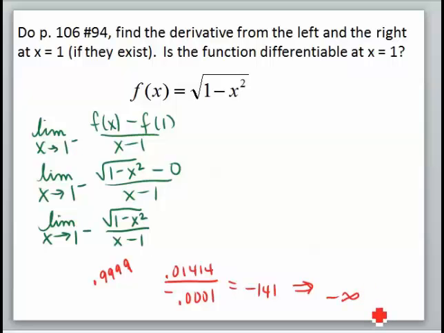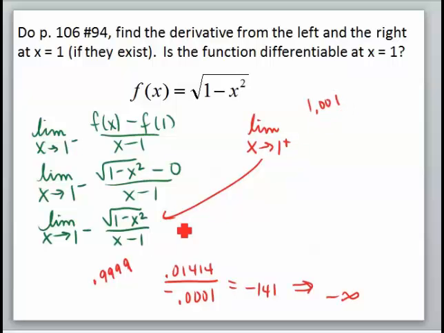The limit from the right of 1 would be values like 1.001. And when I plug those in, those values don't even exist because it's undefined on the top. The square root makes it undefined and not able to be figured out.